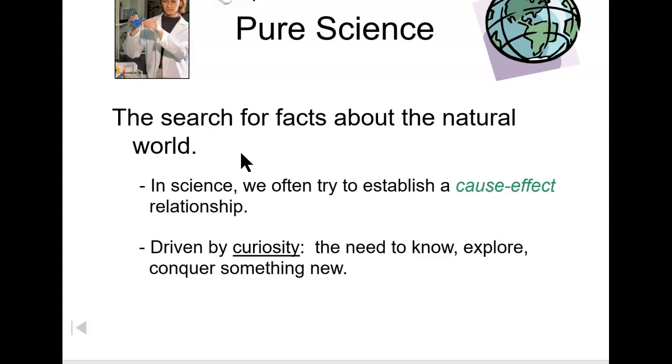Usually they make a pretty decent wage just doing pure science. And then, of course, it helps the citizens, it helps society when business people take these things and make something marketable, make something useful, some technology. So in science, we often try to establish that cause and effect relationship, and it's driven by curiosity, the need to know, to explore, to conquer something new.